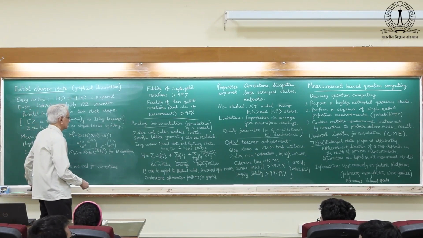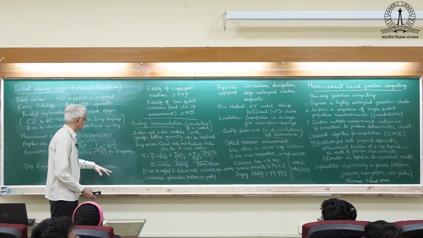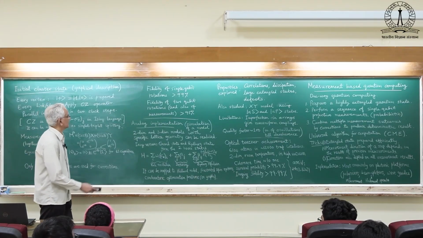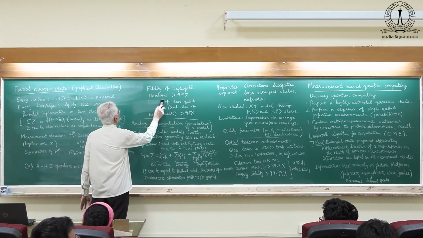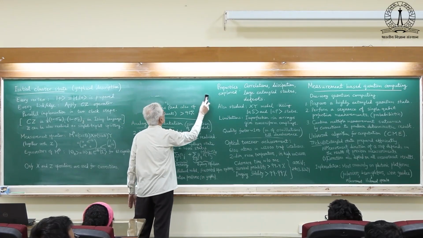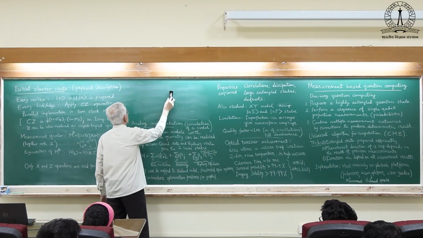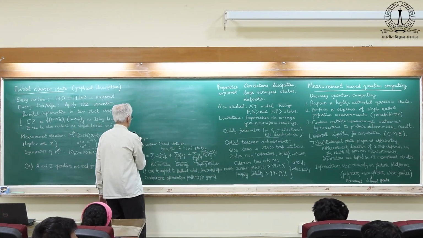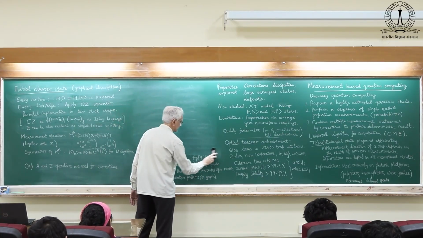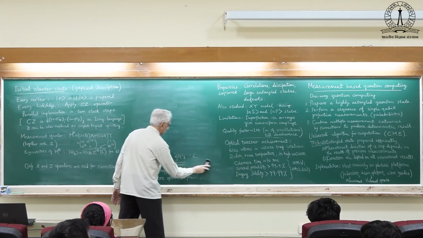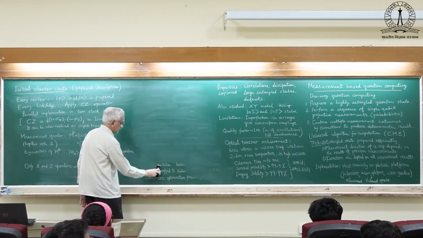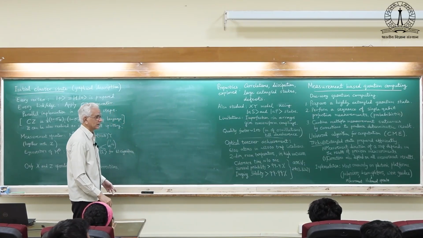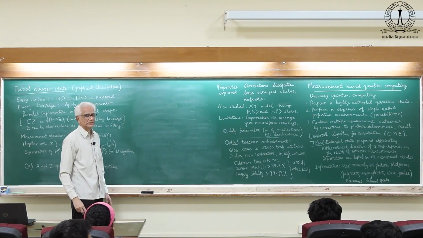So now is the stage to demonstrate how it works, starting with a very simple example, and that example is teleportation. Remember, teleportation was a situation where you had a state in one location, it disappears from that location and appears in the other location.